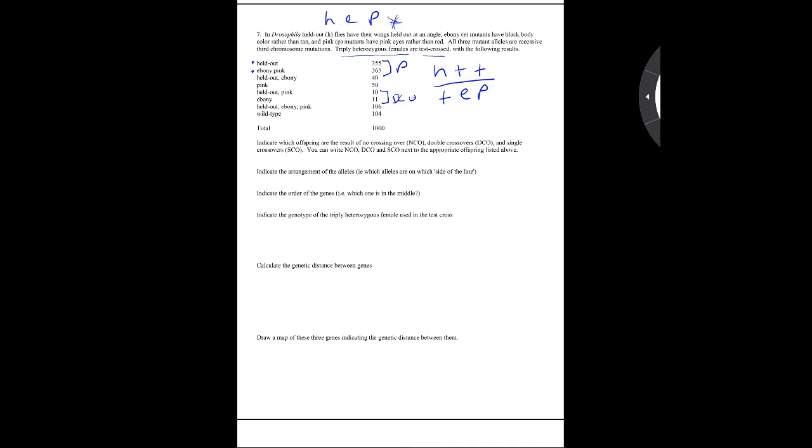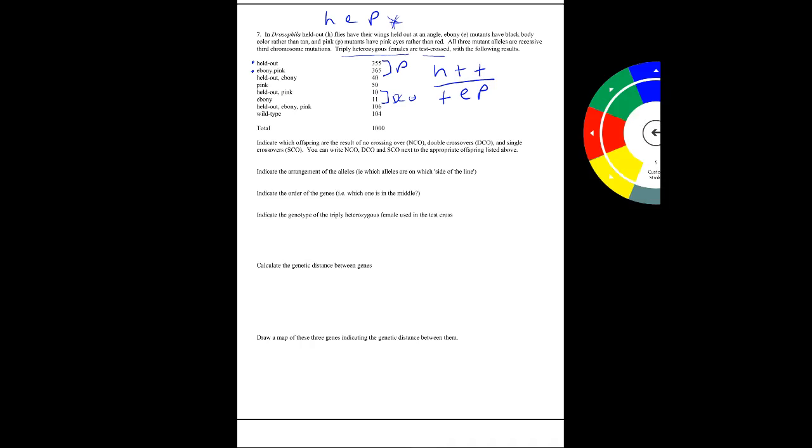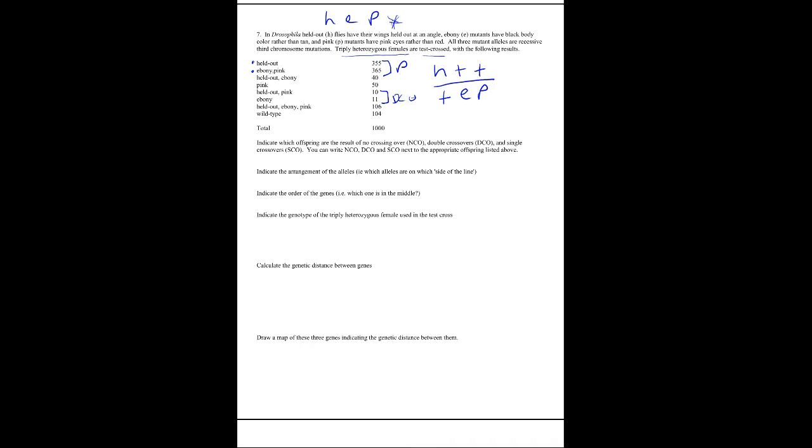But are they in the right order? We could write out all possibilities of this and then do double crossovers and see what happens.